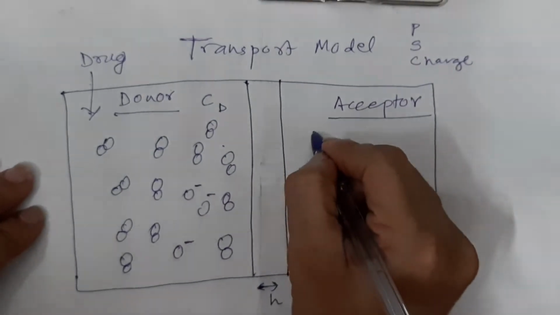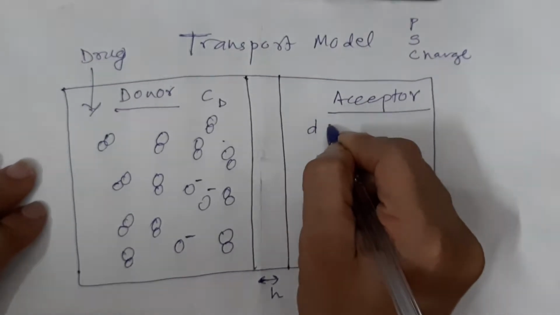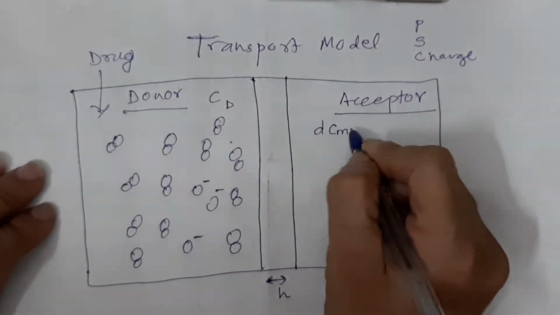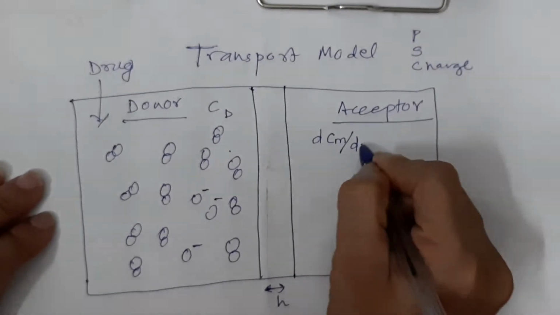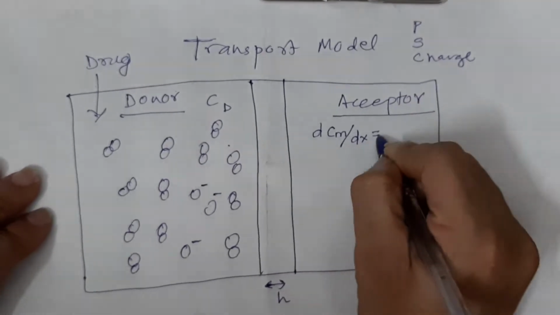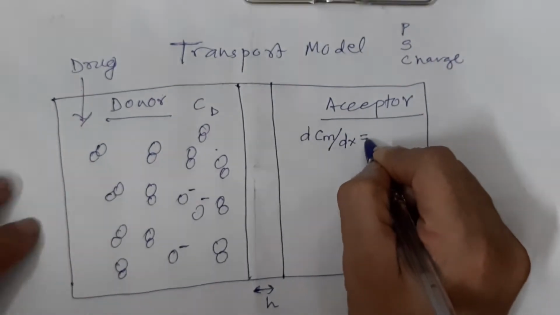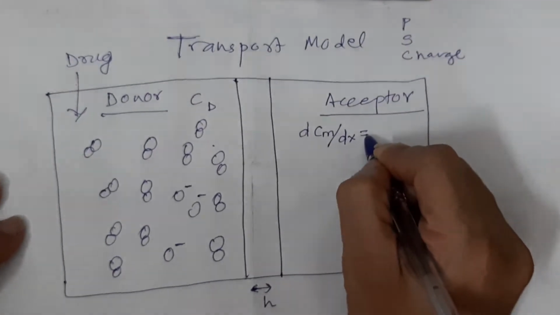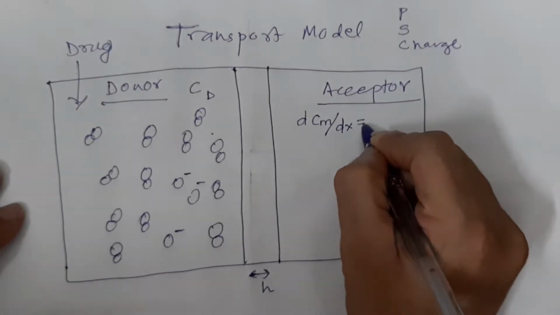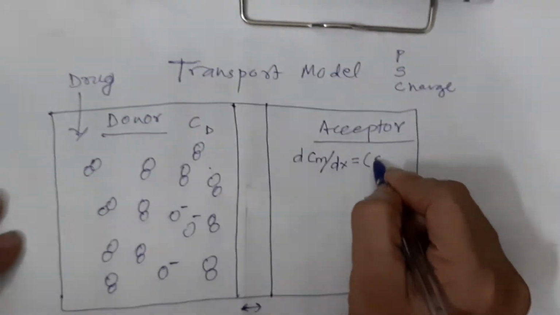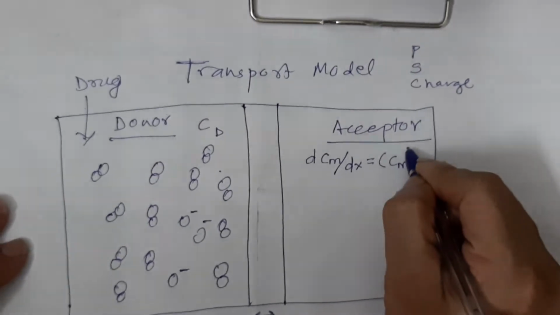This change in the concentration of drug molecules, from the donor compartment going to the acceptor compartment, can be given by Fick's law of diffusion, and it is dependent upon the concentration gradient.